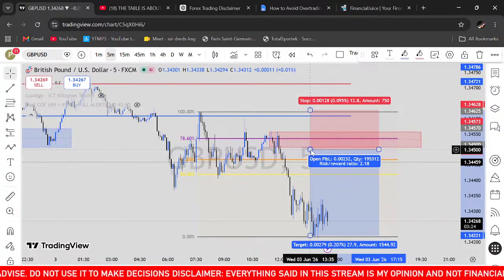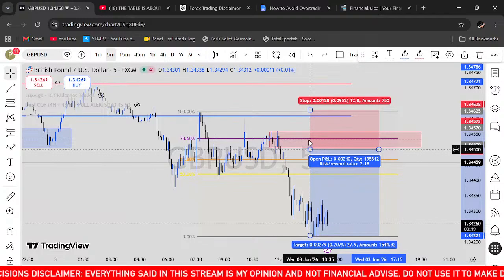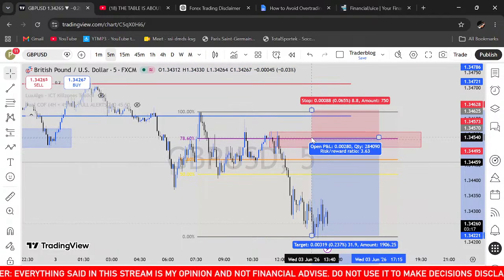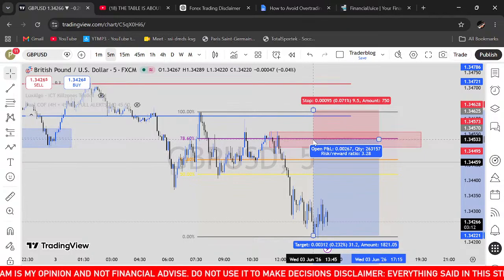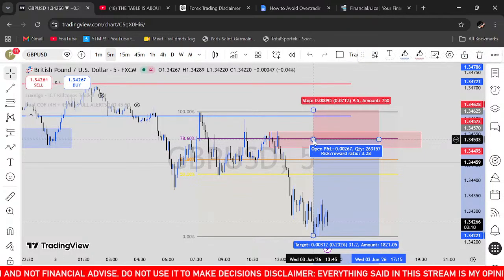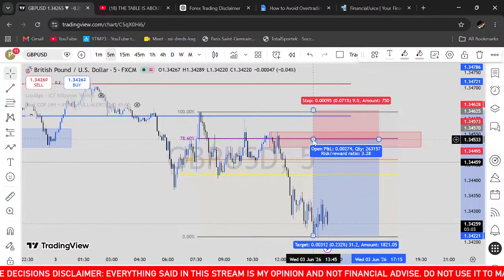If I set up around the 78, I am making 1:3. If I risk $100 on this, I am making $300. And you'll be surprised that before I make this $300, someone has entered over 10 trades trying to make more money, and they've blown their account.